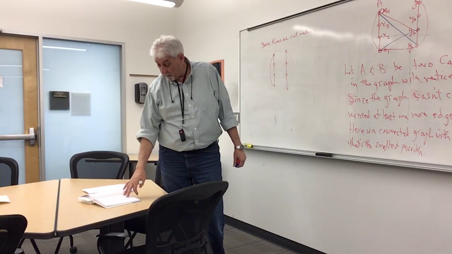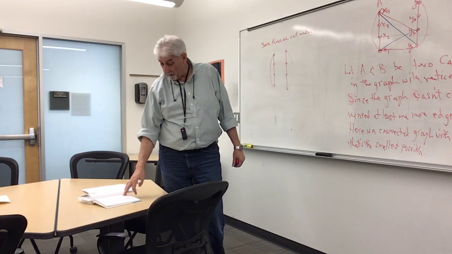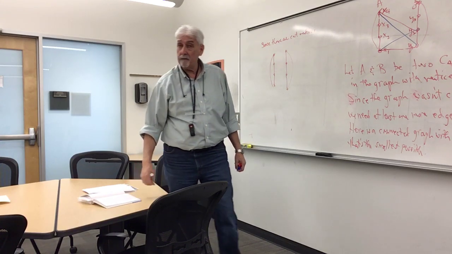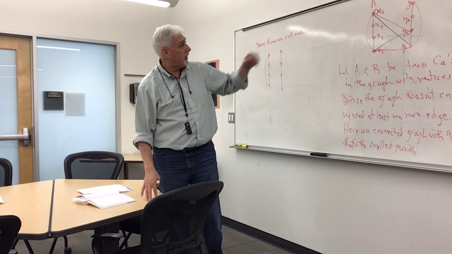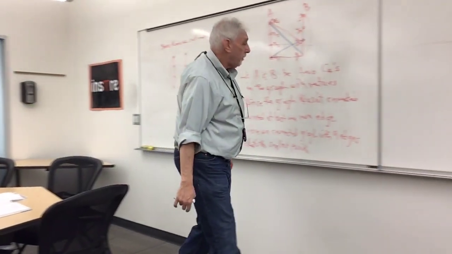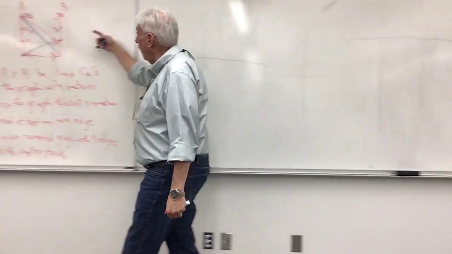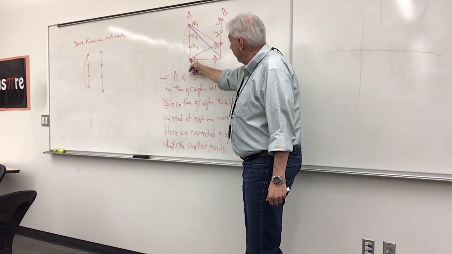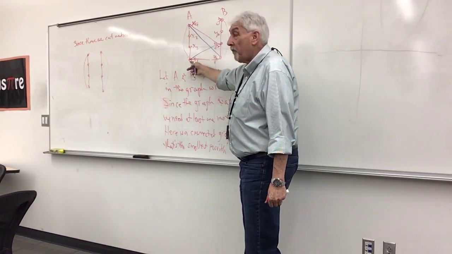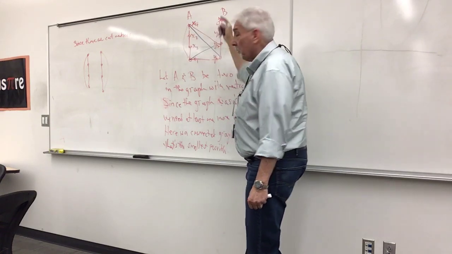Okay, assume that G contains no even vertices. What is the least possible value for E of G? So we can just keep on throwing edges in here. At this point, this is a degree 4 vertex, 4, 4, 4, 2, 2, 2, 2.